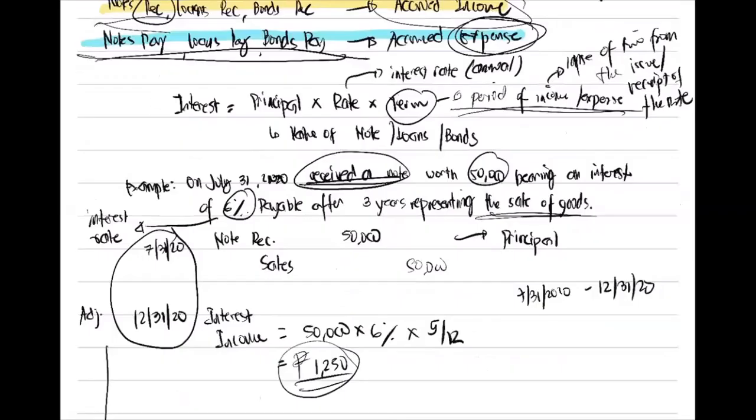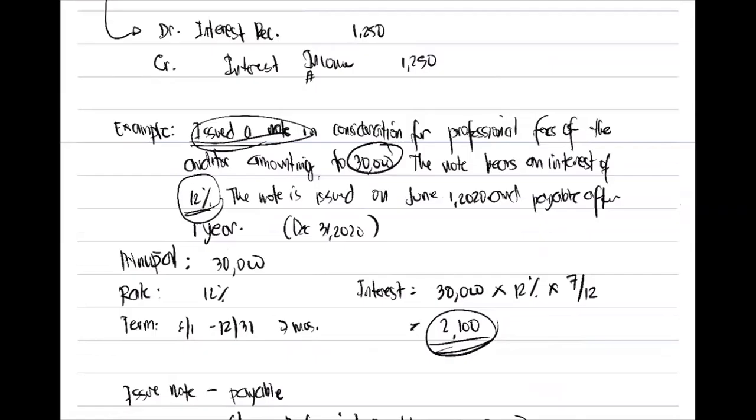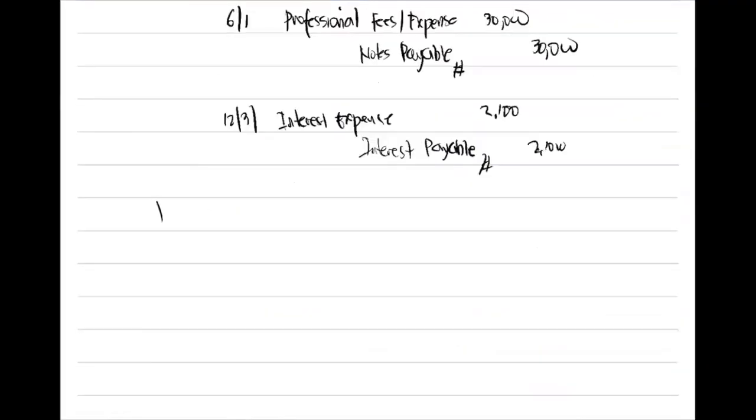So sir, kailan namin masasabi na payable siya? Guys, it is payable. Kailan natin masasabi na notes, loans, or bonds payable siya pagka ang word na ginamit ay issued. So if you issued or paid using notes, loans, or bonds, then that is payable.